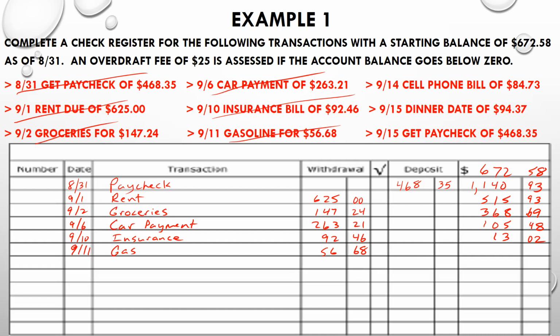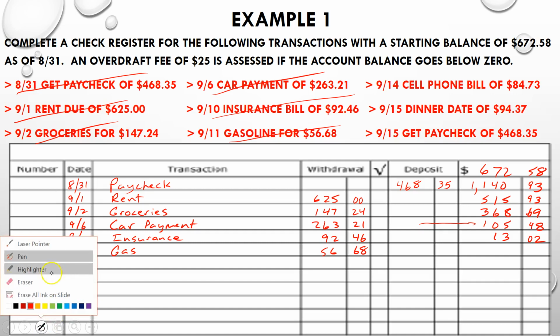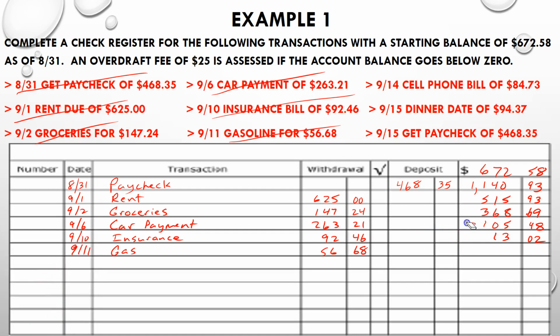So sometimes they let you spend the money that you don't have because they don't know yet that you really don't have that money. Okay. So what I mean is this, like at this point, it looks to the bank like I have $105.48. Well, what if I wrote a check that day and sent it in the mail? It might take a couple days to get to my insurance company, and then it might take a couple days for my insurance company to alert my bank. So my bank might think I have a lot more money in my account than I really do. So when I go to the gas station, the bank might not decline my card. They might think, hey, they still got some money in that account. We can let them use this money.